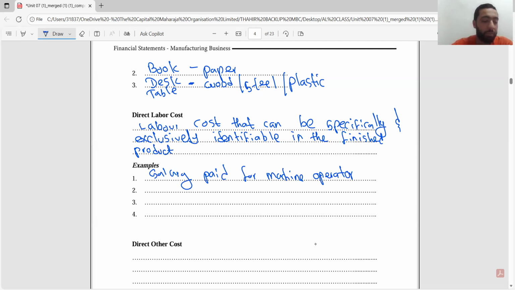Okay. Salary paid for carpenter in a furniture business. It is a direct cost or not? Yes, it is a direct cost. Okay.